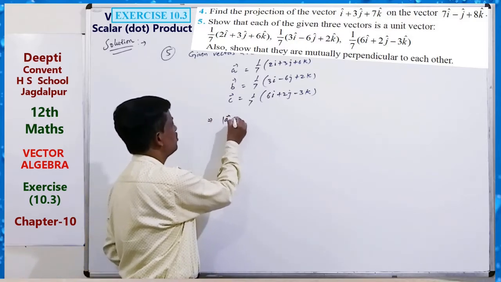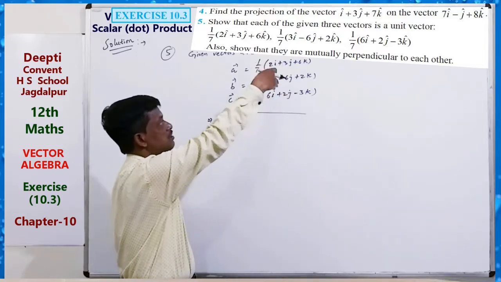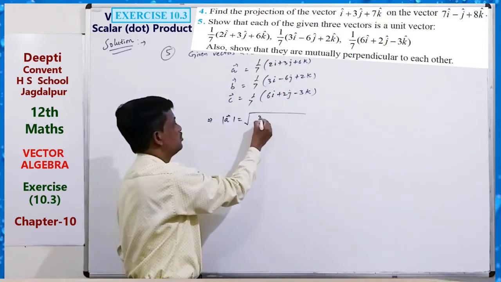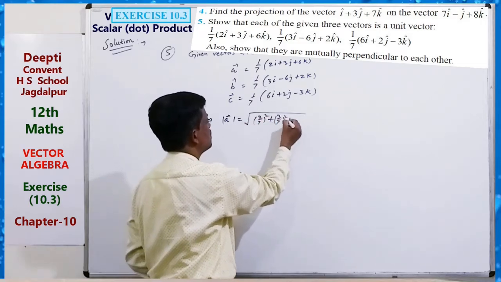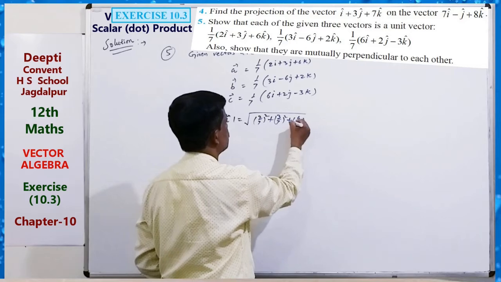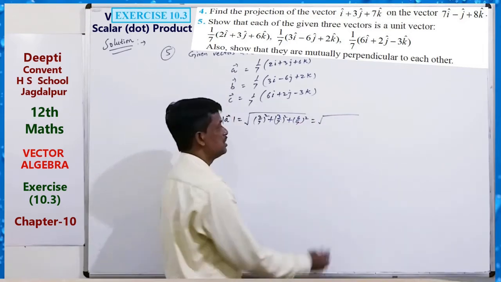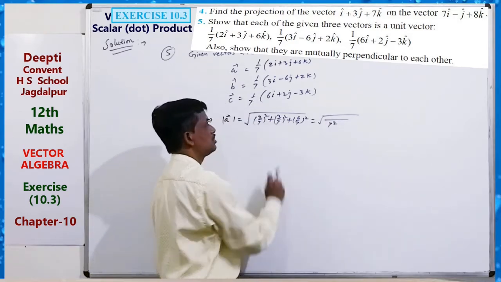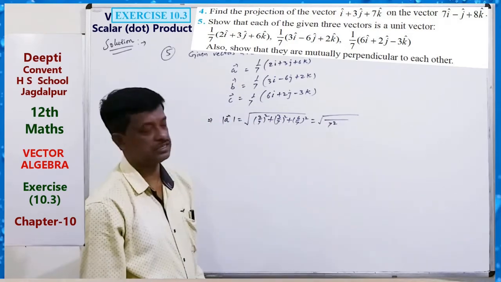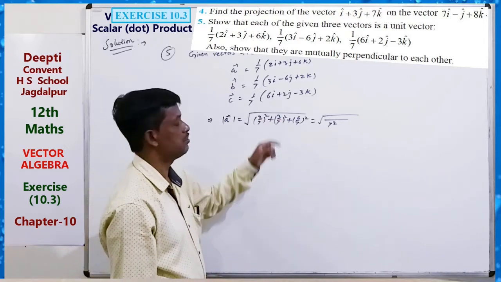We can find the modulus: root of (2 by 7) square plus (3 by 7) square plus (6 by 7) square. That is 7 square in the denominator, and in the numerator 2 square, 3 square, 6 square: 4, 9, 36, which makes 49.